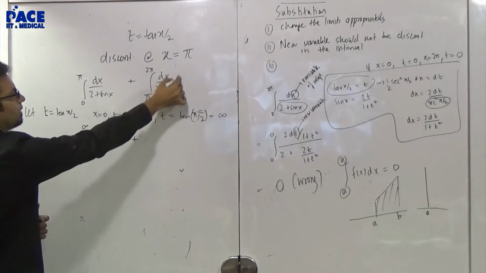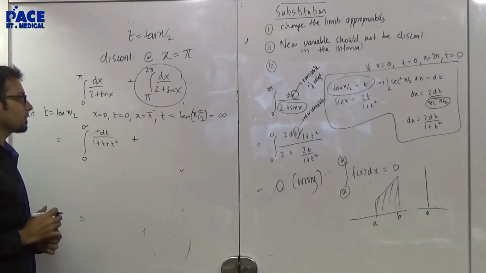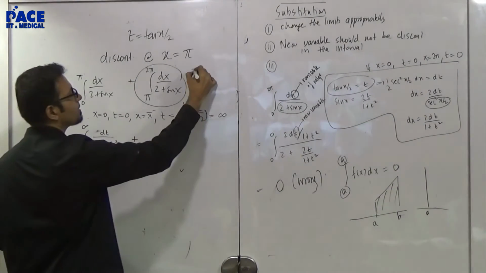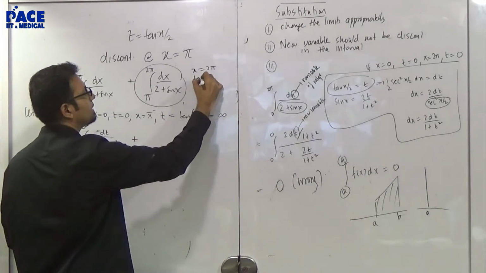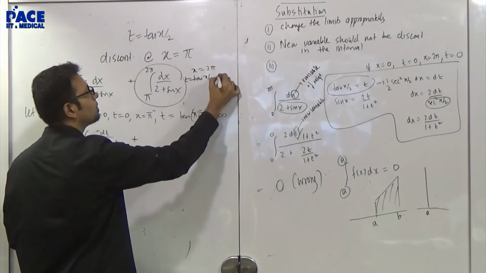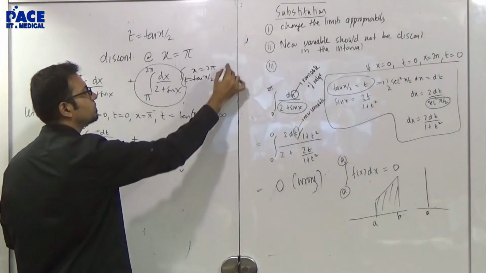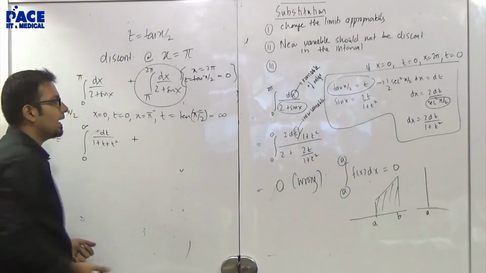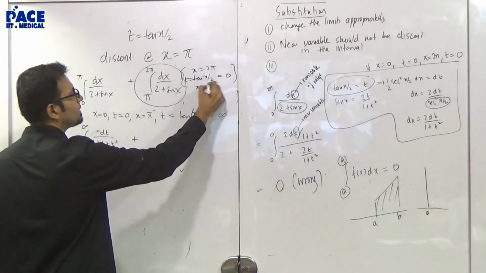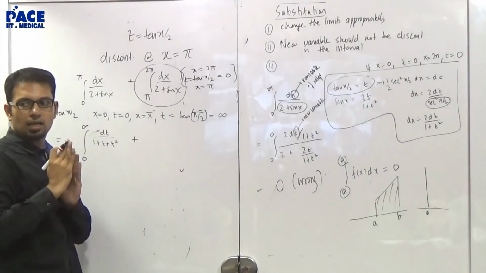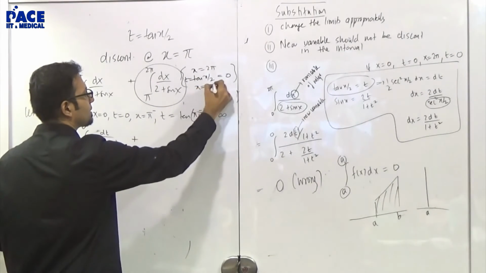Now the second one, if you see the second integral, when you take x as 2 pi, what is tan x by 2? 0. Tan pi. And when you take x as pi, now this time I won't take pi. I will take pi से थोड़ा आगे. Pi plus.